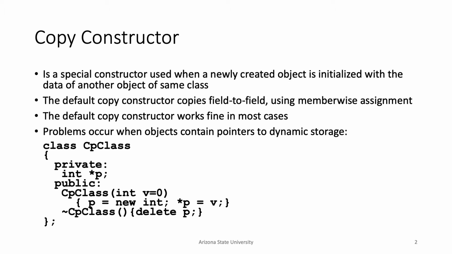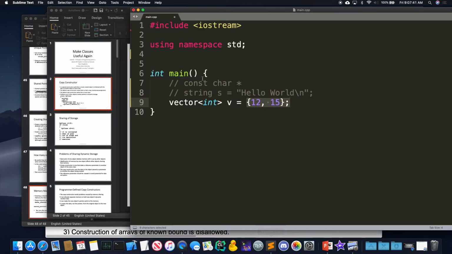Or if I want to create a vector from another vector, then that's a copy constructor. What if I wanted to create a string from a const char star? Is that a copy constructor? No, because they're different types.